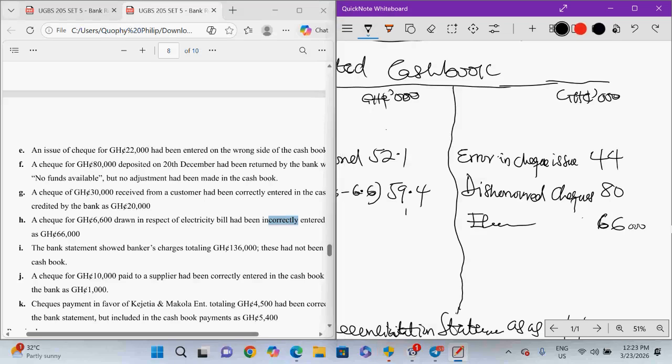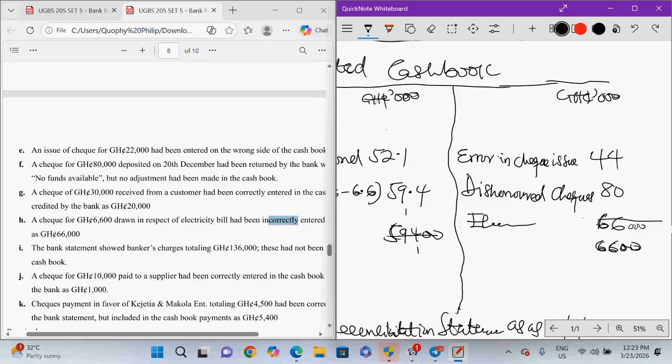I told you that we don't pick a pen and then cancel the 66,000 and write 6,600. But what do you do? You record the difference at the opposite side. The difference is what? 59,400. That is the 59.4. This 59,400 will cancel here 1. It will go here 1, remaining 6,600, and that will reflect what we actually want, or what they were supposed to do.